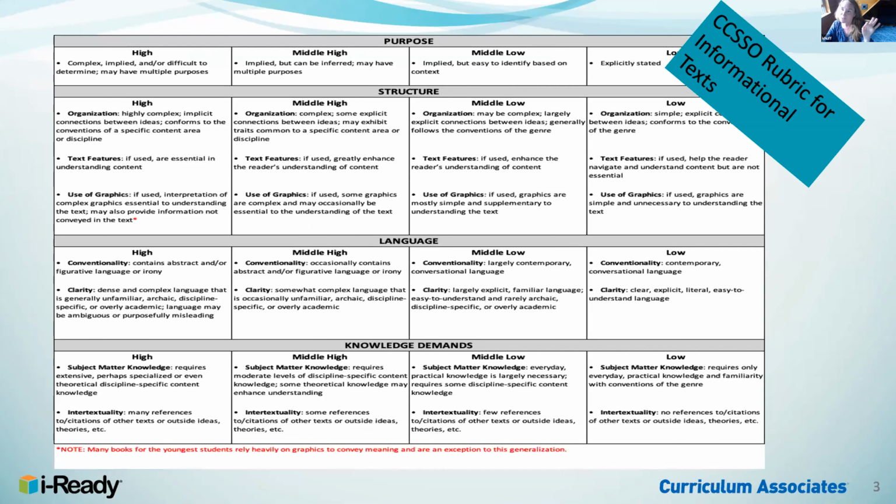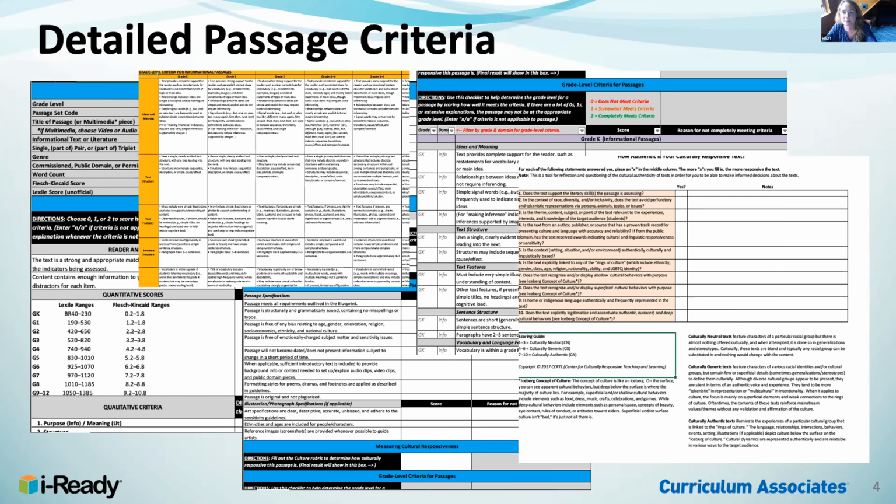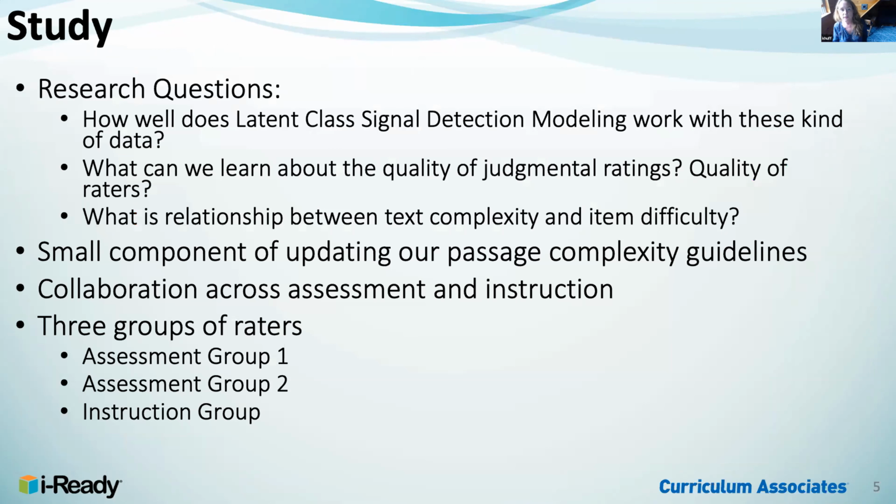So the rubric we used in this study was just one small component of a larger set of rubrics that we use in our passage development. So what did we do for this study? Well, we had 3 research questions that I'll review throughout the remaining presentation.